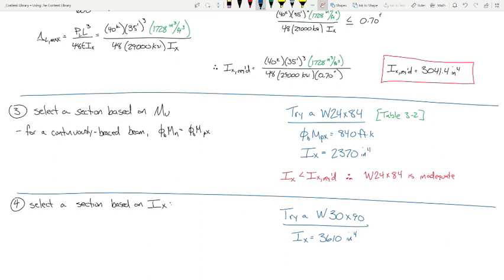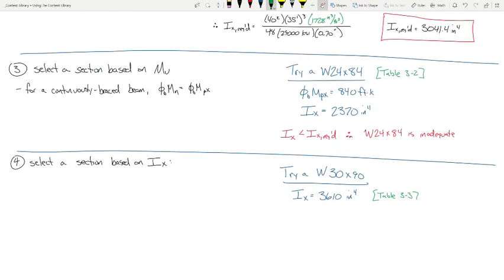Now, maybe what we ought to do before we do any math is ask ourselves, well, what's the phi Vn? Okay, so we got this from table 3-3. Let's look at the W30 by 90 in table 3-2.